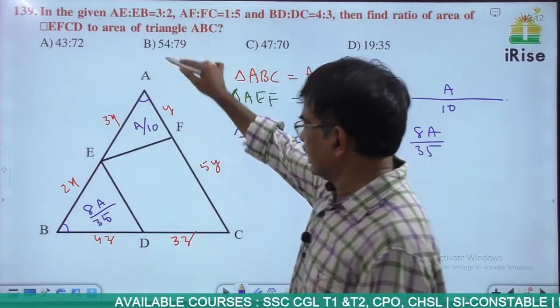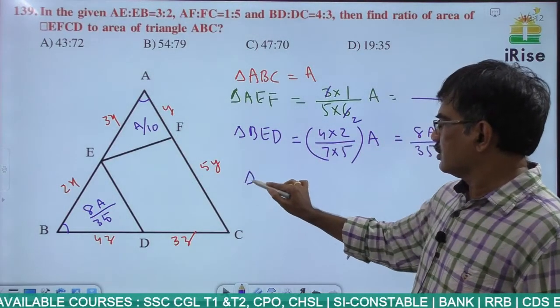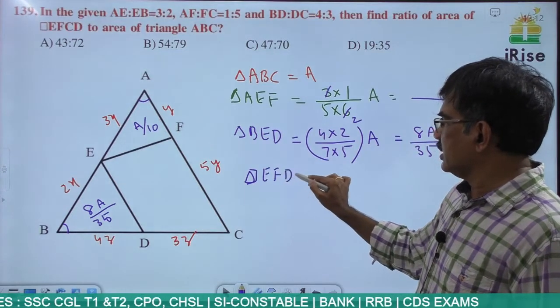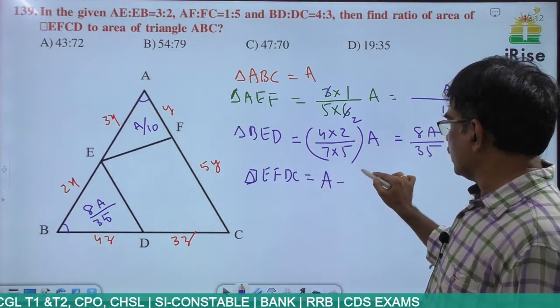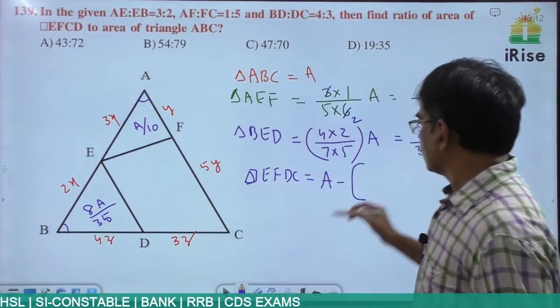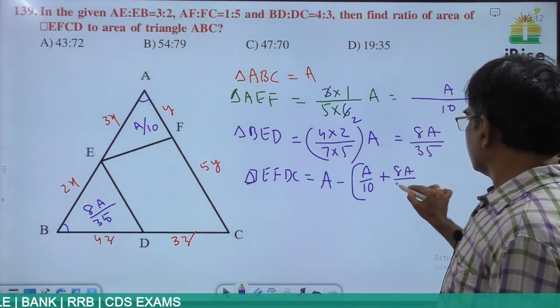This is the total area. Then what is this area? Therefore, quadrilateral EFDC is equal to total area minus these two areas, that is A by 10 plus 8A by 35.